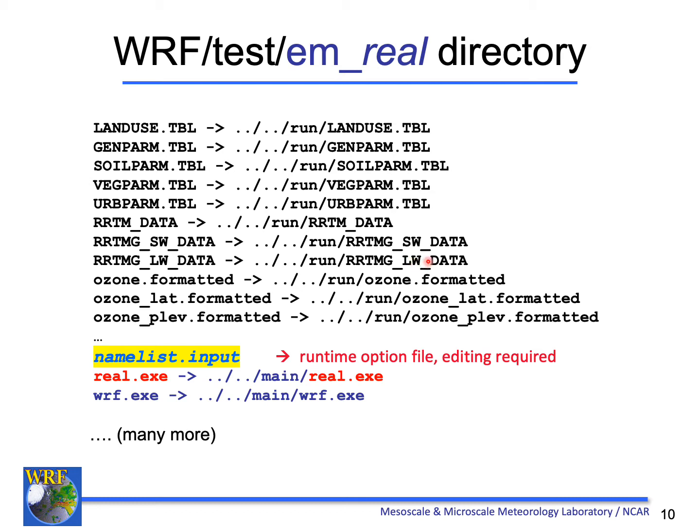The model program executables, real.exe and wrf.exe, are also symbolically linked to this directory. We will also find the runtime option file, namelist.input, which we will edit to match the domain and the data we pretend we have created.